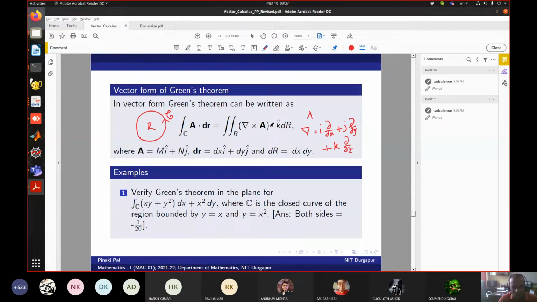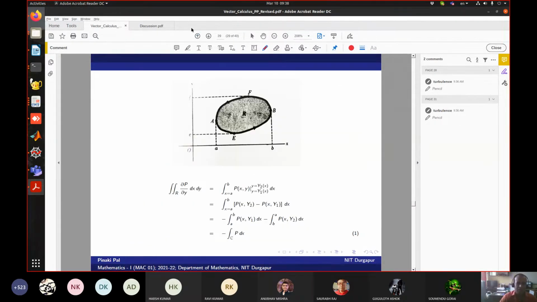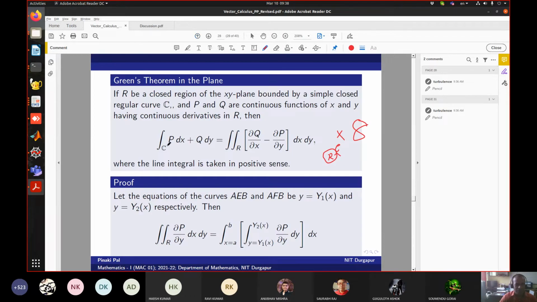If you take the cross product and take the kth component, you will get del N/del x minus del M/del y, and this dr is equal to dx dy. So this is just a vector form, but this is the convenient form we will be using frequently.